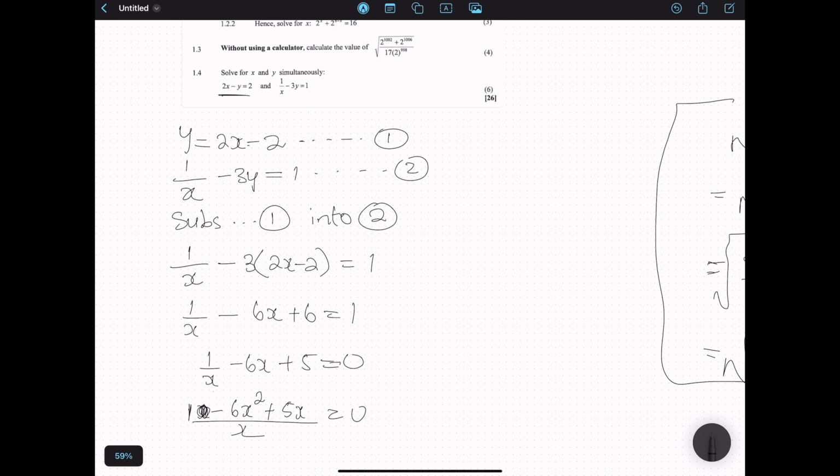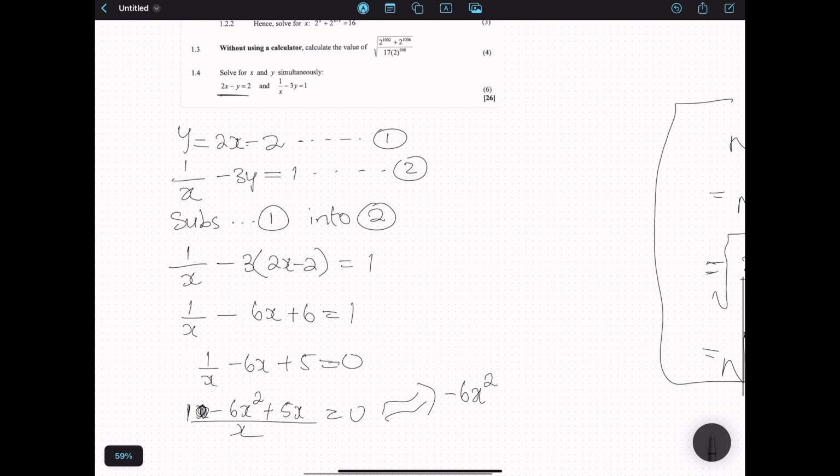Then we will have minus 6x squared plus 5x plus 1 is equals to 0.